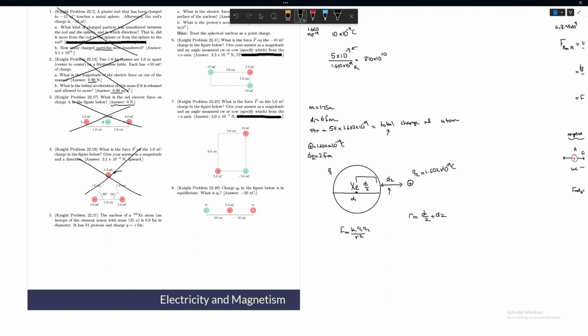You plug in charge 1 from here, charge 2 from here, divide it all by this distance, and you'll get the force.